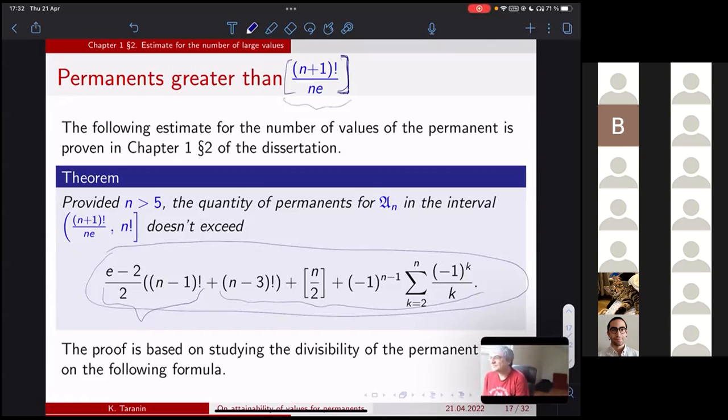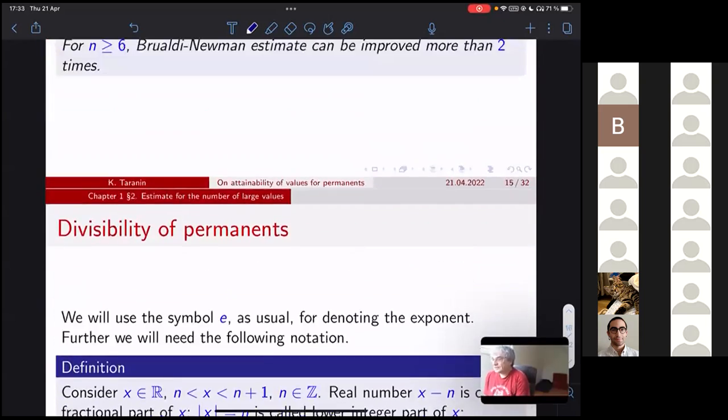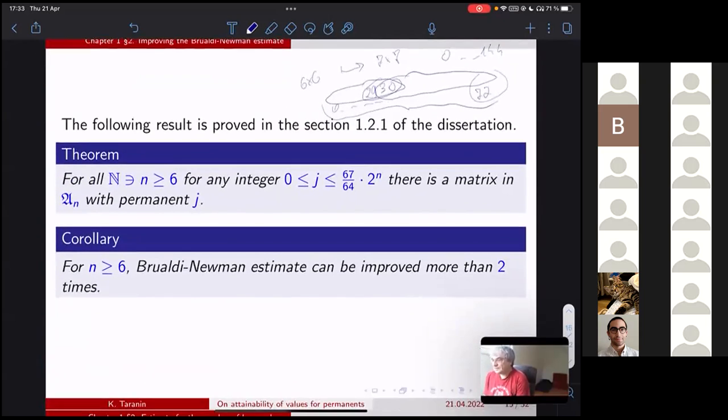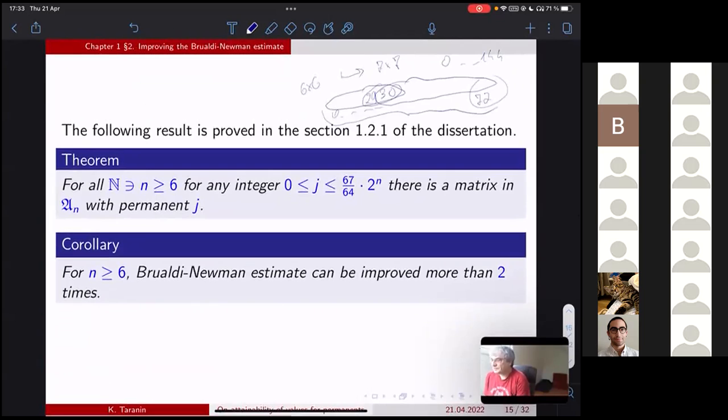And the second question: are there any applications of your upper bound? You said that you have the theorem that you showed, the previous one, that you have an upper bound of the interval where the permanent takes values like 1, 2, 3, 4, and so on, right?